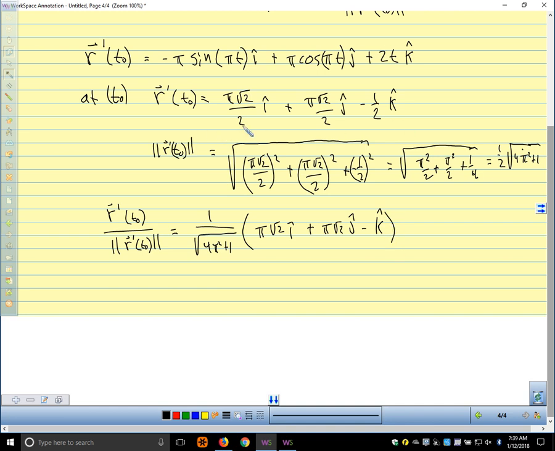The 1/2s cancel when we do the reciprocal of that 1/2. All right, there's our unit tangent vector. We think of this particle moving along that helix. Isn't that nice?